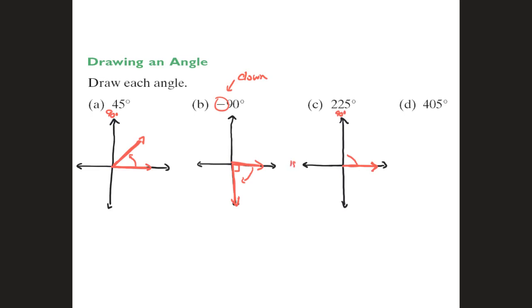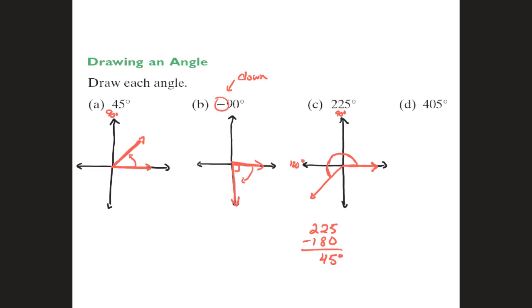It's more than 180 degrees, so I'm going to keep going, beyond 180 degrees. And in fact, it is 45 degrees over the 180. If I do 225 and subtract 180, I'm going 45 degrees over 180. So I'm going to go halfway between, 45 degrees, and this is my angle measurement.